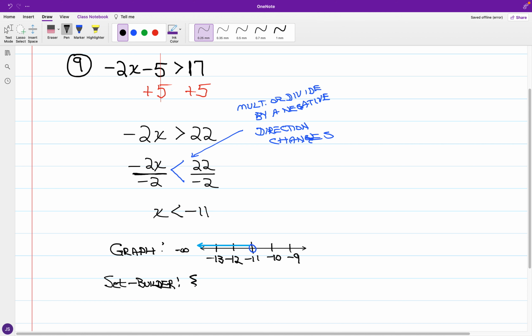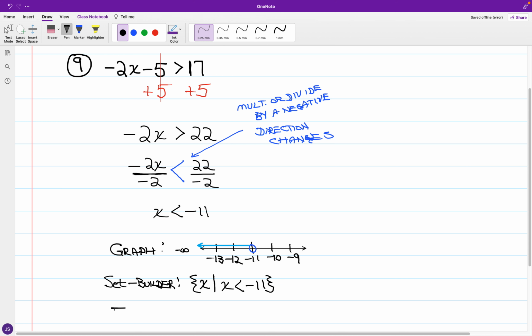You have braces for the grouping symbols, and your opening statement is going to be the variable you're solving for, followed by a vertical slash. This will be read like the set of all values of x such that, and then we fill in the inequality: x is less than negative 11.